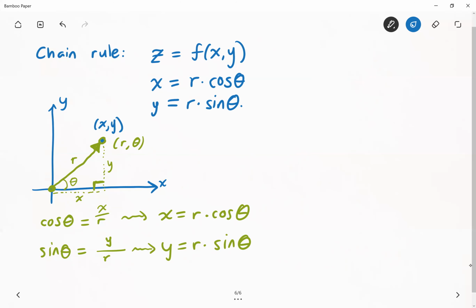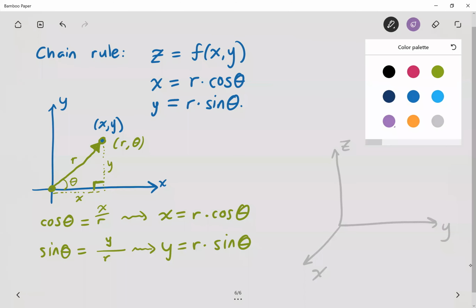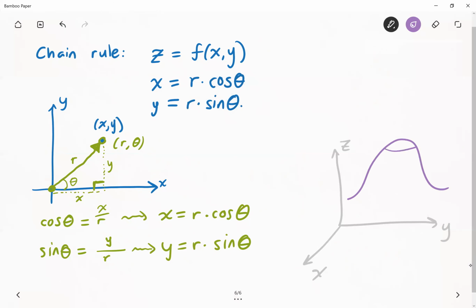If you start at some point, maybe I'll draw my three-dimensional graph here. So I've got my x, y, and z axis. I'm going to go ahead and draw the hill like so.